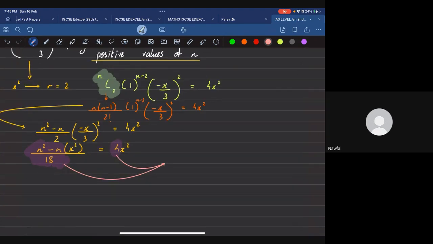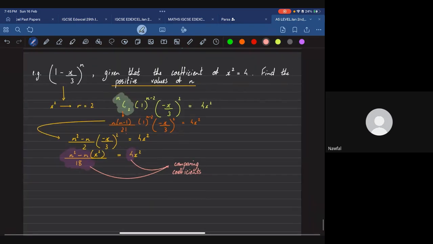In both cases, n is a constant number, so technically n is acting as a coefficient of x. So this is known as comparing coefficients.